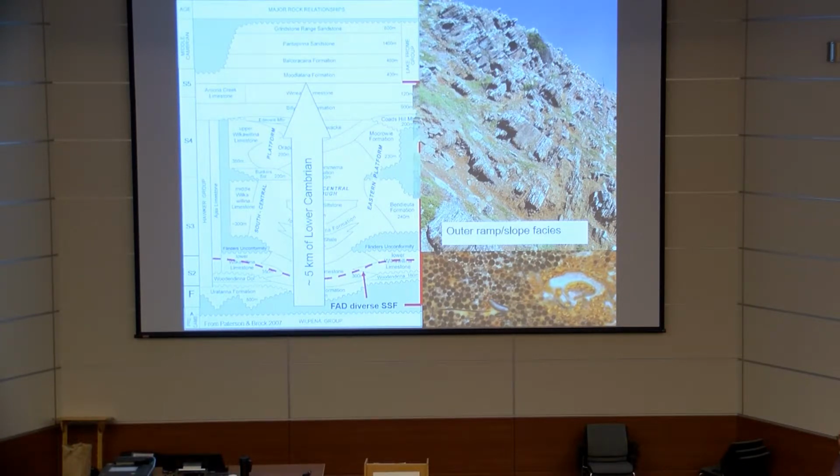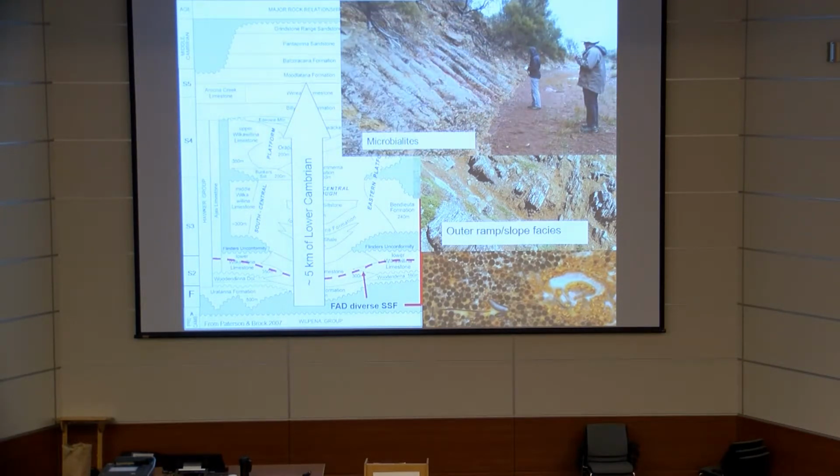Beautiful outer ramp, slope deposits as well with distal turbidites, and indeed some beautiful thrombolytic microbialites here. I think these ones are about 8 feet tall or so towards the top of the section, which are really quite spectacular. Some of you who have been to the Flinders Ranges might have visited this particular site.